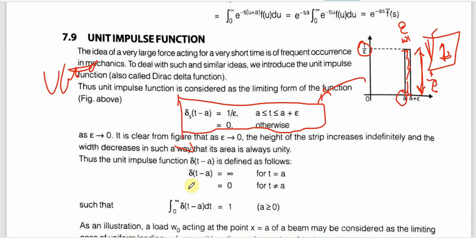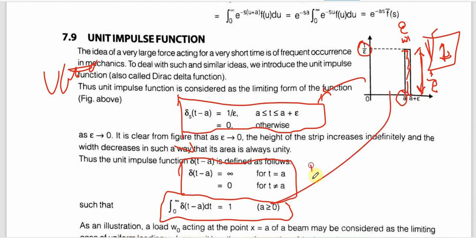It is simply saying that for t equal to a, its value will be infinite, and for t not equal to a, its value will be 0. And if a is greater than or equal to 0, then its integration from 0 to infinity will be 1. So by graph you can take it one by one and solve it. It's very easy, you can try it.